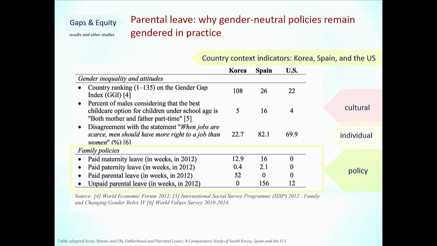And we also see here that in the United States and Spain, parents tend to agree, I'm sort of using the counter of the statement, that it's not necessarily true that males should have more right to a job when jobs are scarce than women. Okay, that's different in Korea. We also have the gender gap index standing of these countries. These are leaning towards gender parity. This one's leaning towards not. Okay, so that just contextualizes that it's not just about policy.